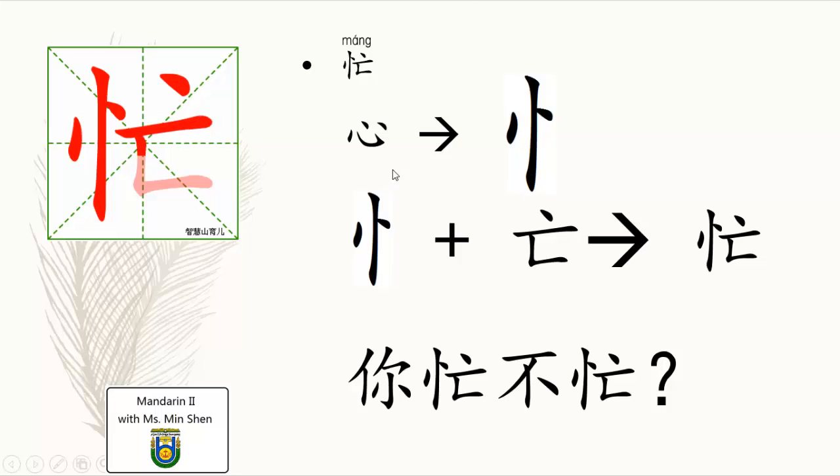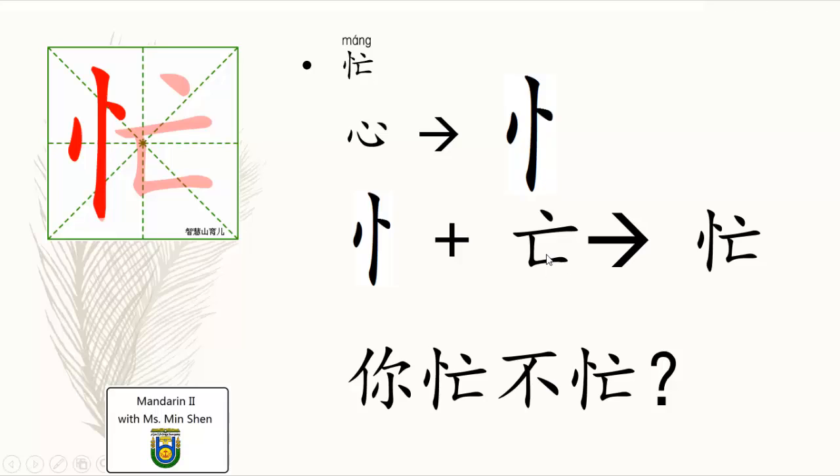We call this a radical. If any component presents meaning, it's called a radical. This radical originally comes from the character 心, and it denotes the same meaning, emotion or something to do with heart.